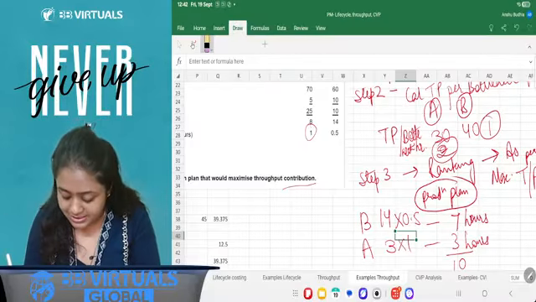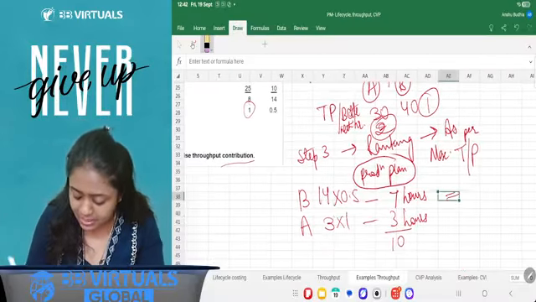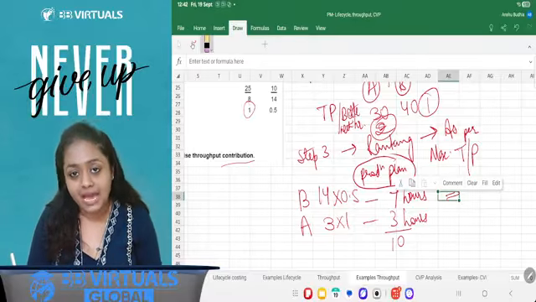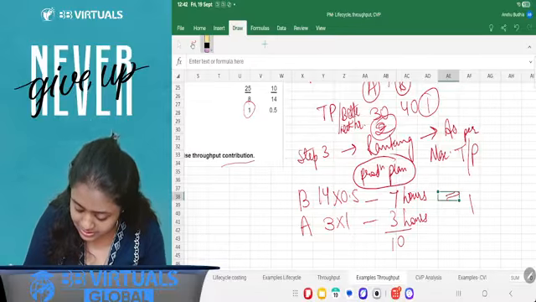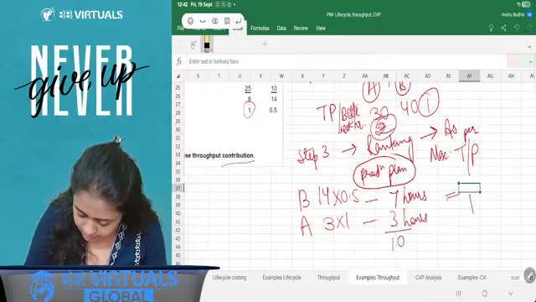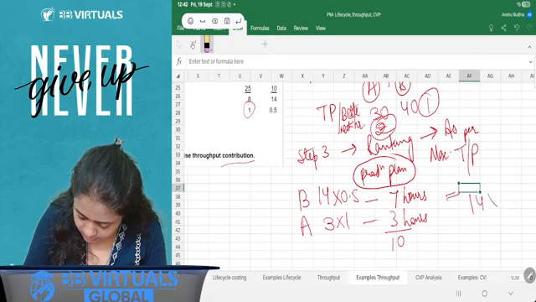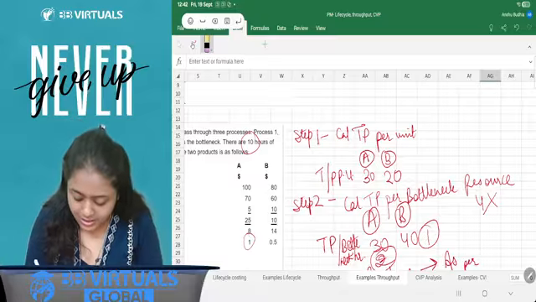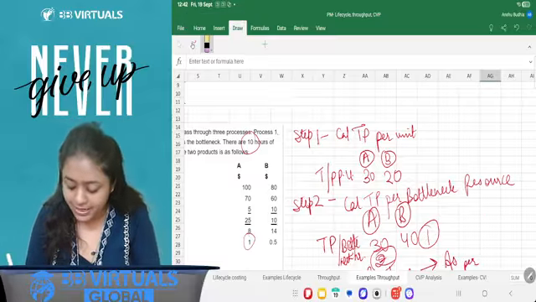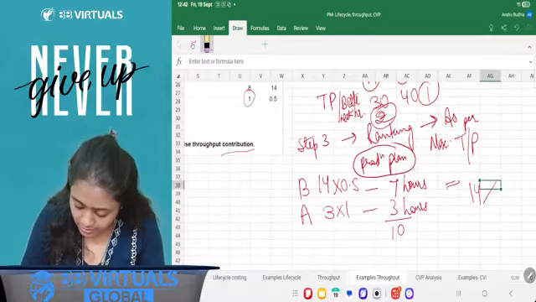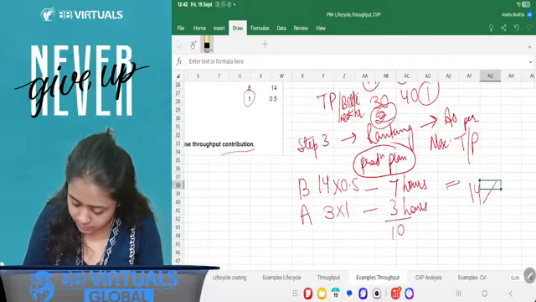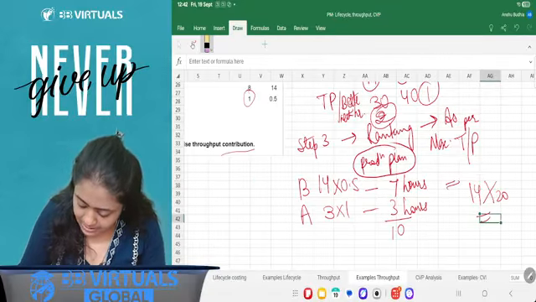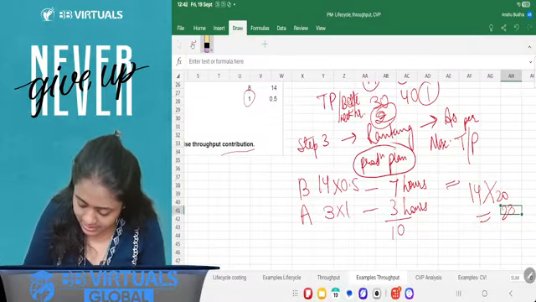Okay. Now this is the next step that we can do. So what is the maximum throughput contribution that we can have here? 14 units multiplied by, guys, we have calculated what is the throughput per unit of B, 20. So 14 multiplied by 20 is 280.